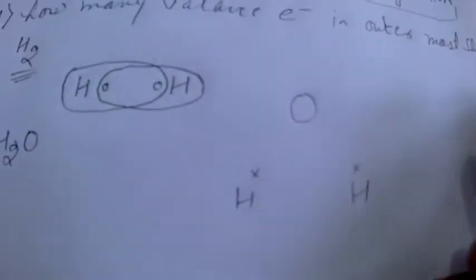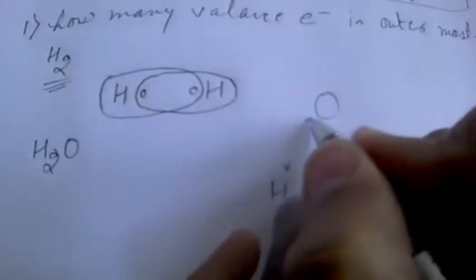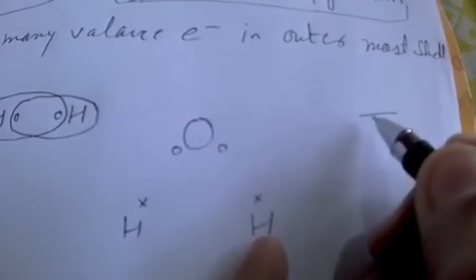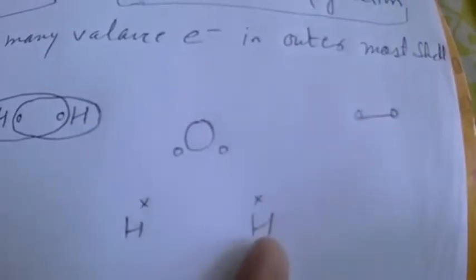Now why am I drawing it with the cross sign? Because I am going to draw oxygen with small circles, so everyone can differentiate which electron is of oxygen and which electron is of another element, like hydrogen in this case. Only one electron is facing this side, because one bond between two elements is made up of two electrons, one from each side.